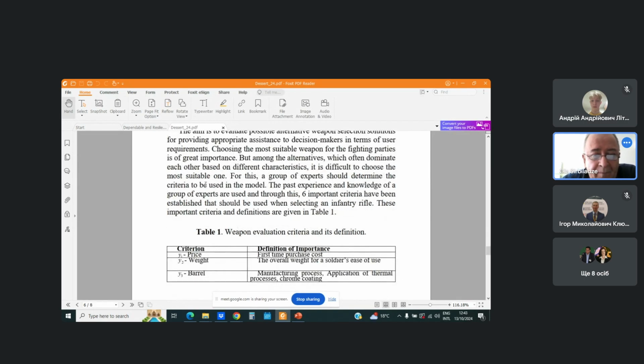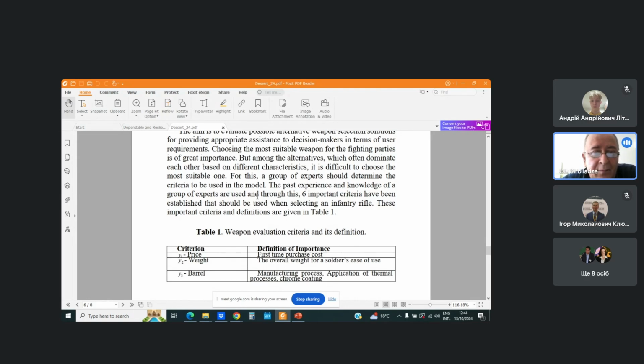Of course, experts should be invited who will decide what criteria to choose and what alternatives to consider.